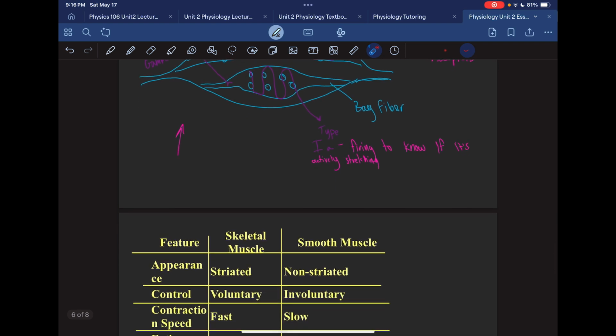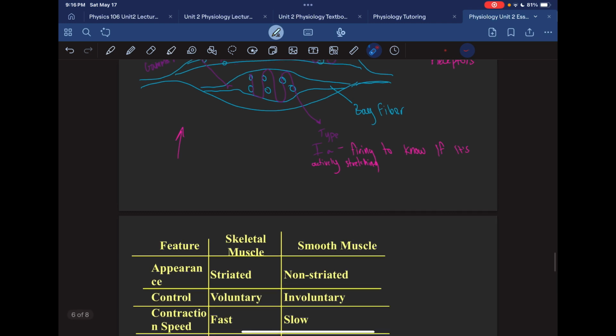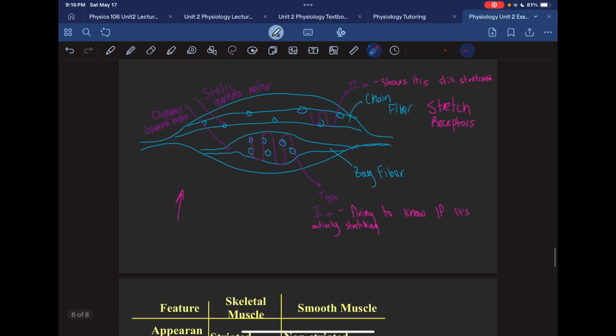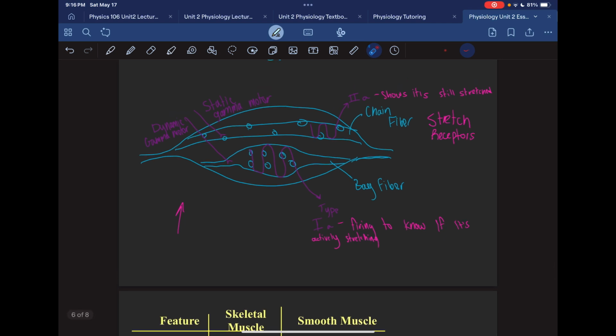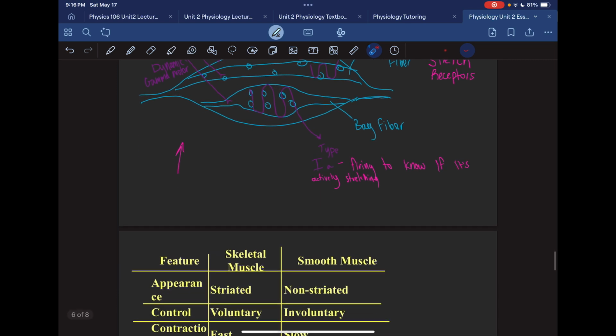And then type 1A is firing signals to let us know if we're actively stretching. Dynamic gamma motor and the static gamma motor go to separate things. You can see static to the chain fiber. Dynamic gamma motor goes to the bag fiber.